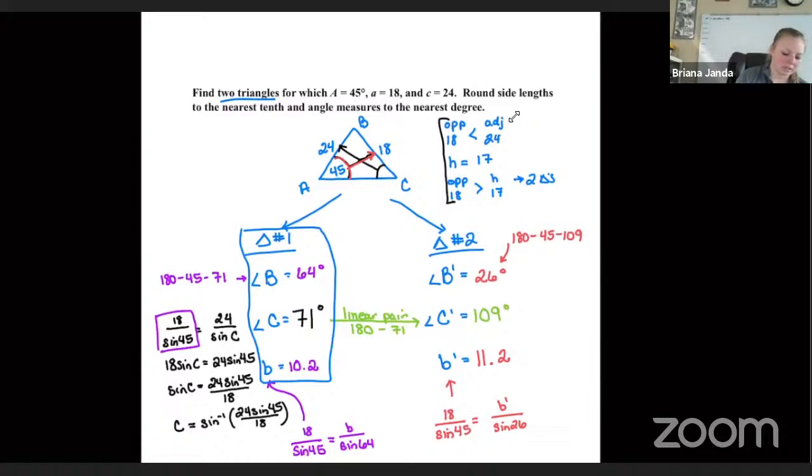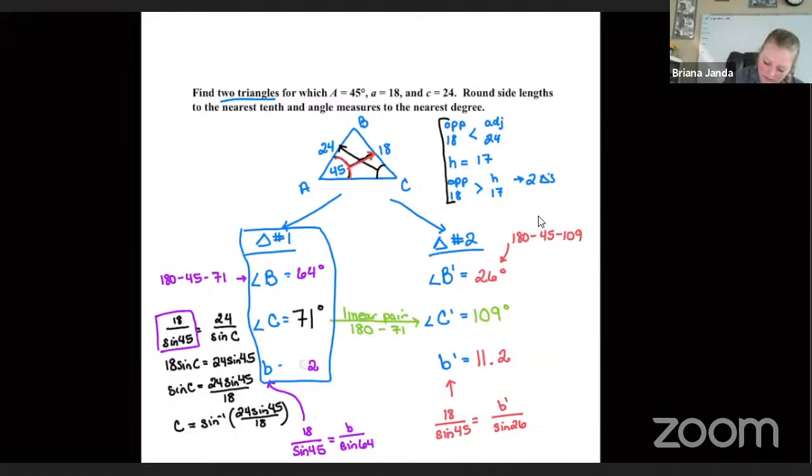Ooh, do I have a typo here? Let me double check. 18 sine of 64 over, oops, sine of 45. Oh, yes. Thank you for catching that. For side B, let's roll back here.